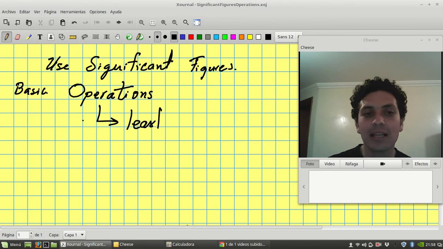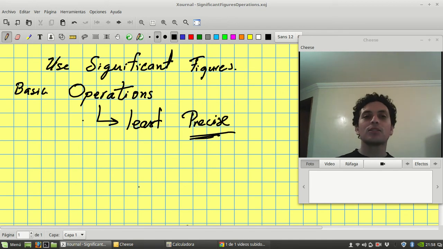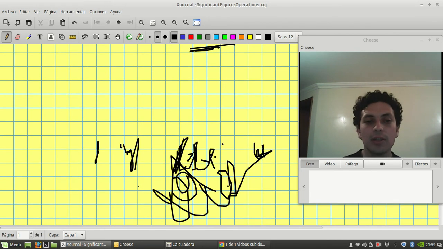Let me write it like least precise. Okay? So if you operate two numbers, you have to always think in terms of the least number of significant figures or the least accurate numbers. So let's start with sum.